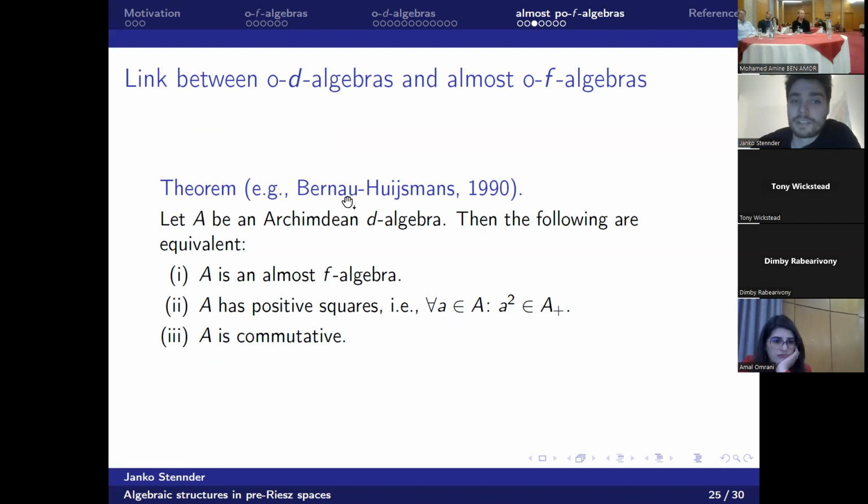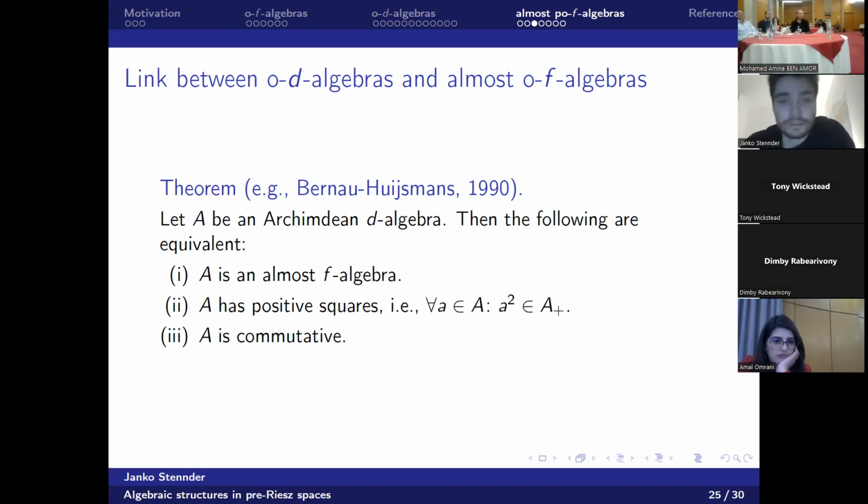Because in the vector lattice case, Bernau and Huijsmans proved that an Archimedean D algebra is an almost f-algebra if and only if it has positive squares, if and only if it's commutative. So every commutative Archimedean D algebra is always an almost f-algebra.